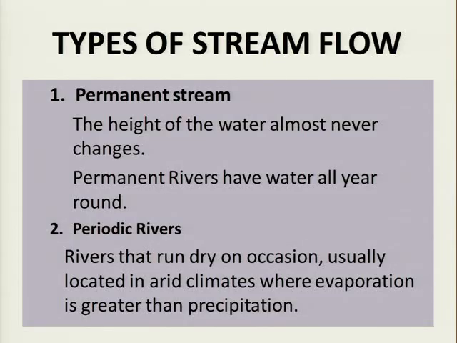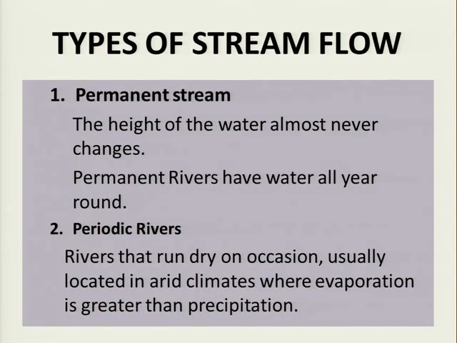Then the periodic rivers, these are rivers that can occasionally run dry. Examples of these will be like the Sand River, the Vet River, parts of the Vaal River, which is above the water schemes.